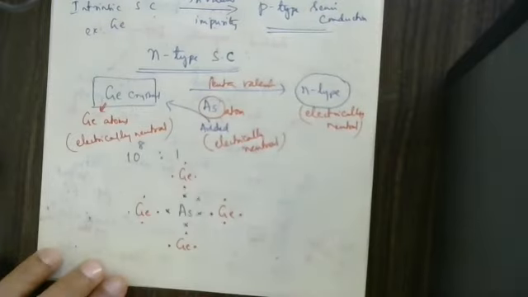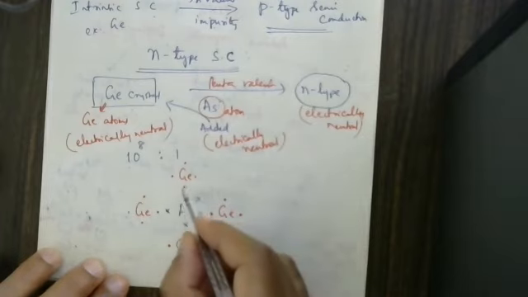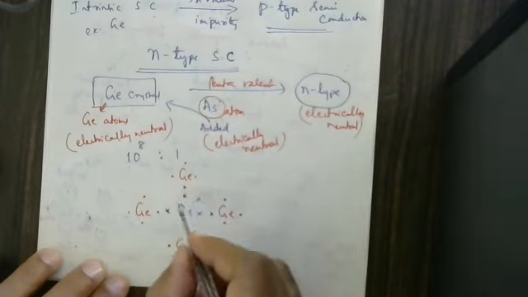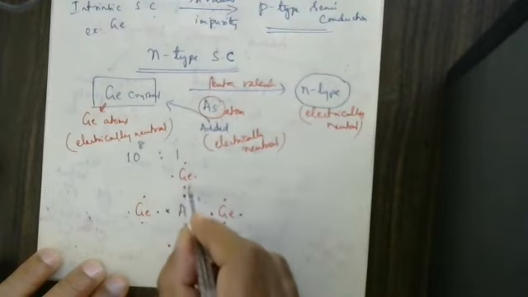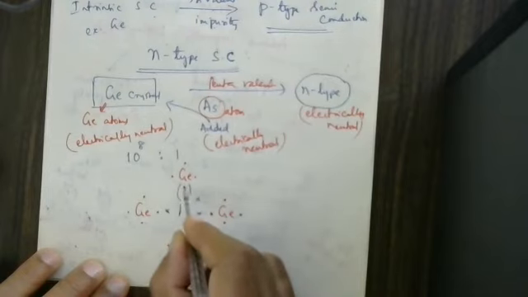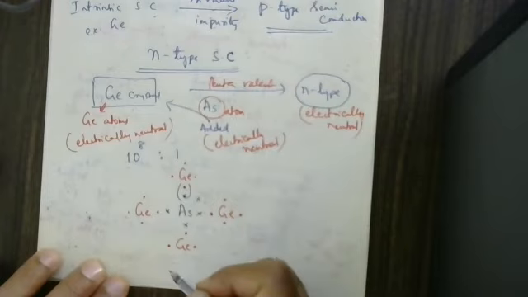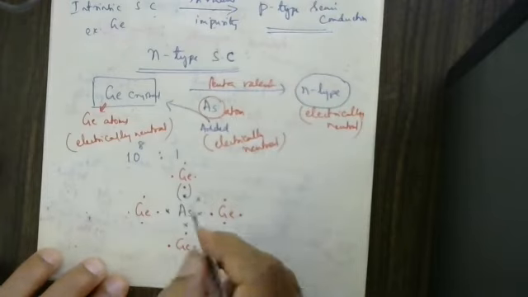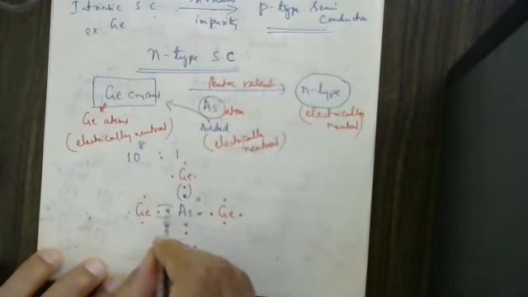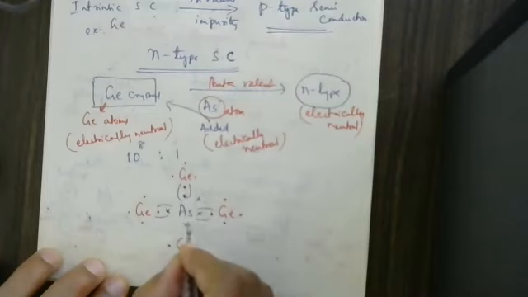Like this is present. Due to this, this germanium atom and this arsenic atom are sharing an electron. Here, germanium atom electron, this is arsenic atom electron. These two are sharing to make it an octet. These two are sharing here. Here also sharing. Covalent bonds are forming.